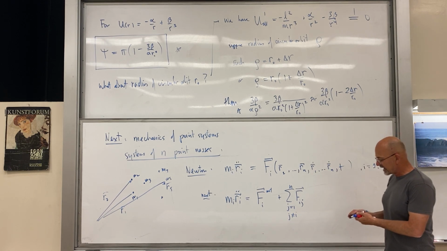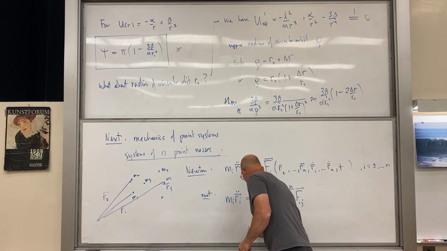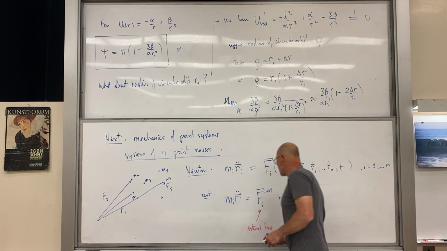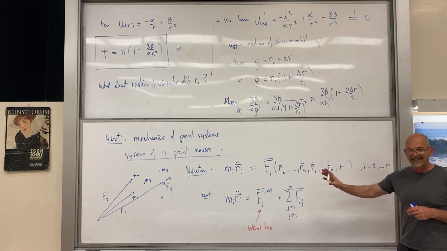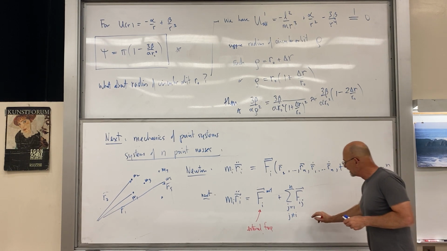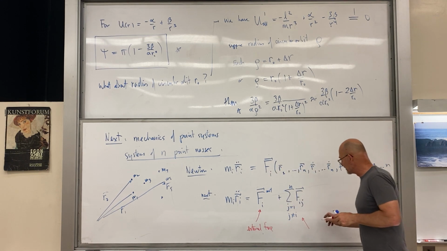So that's one way to look at it, and this is the external force common to all of them, but not necessarily identical for all of them, as opposed to these, which are the interactions between the system of particles.